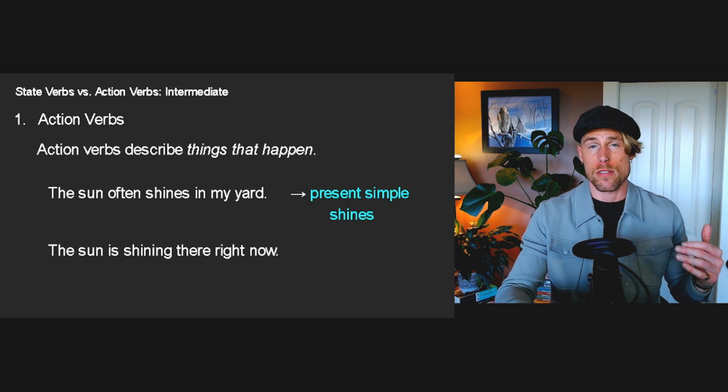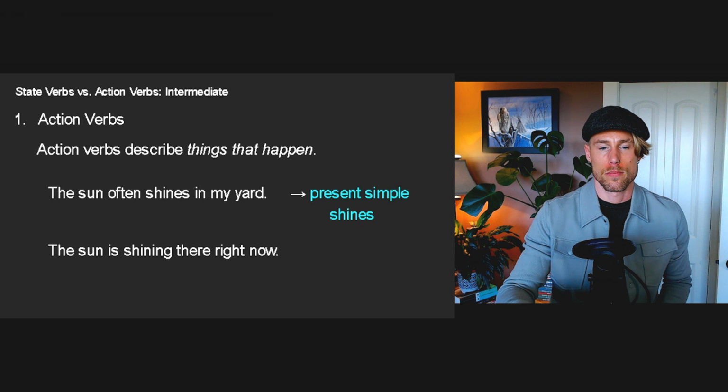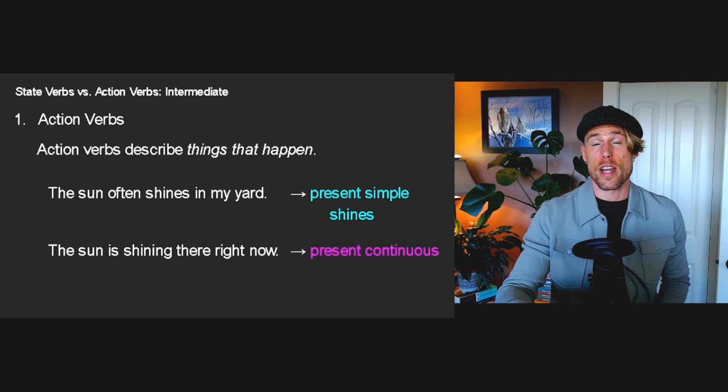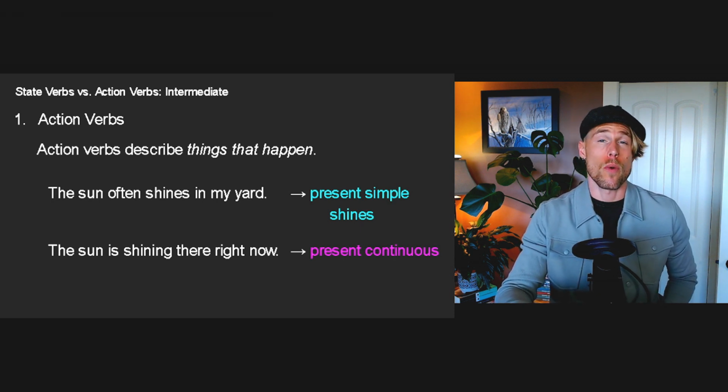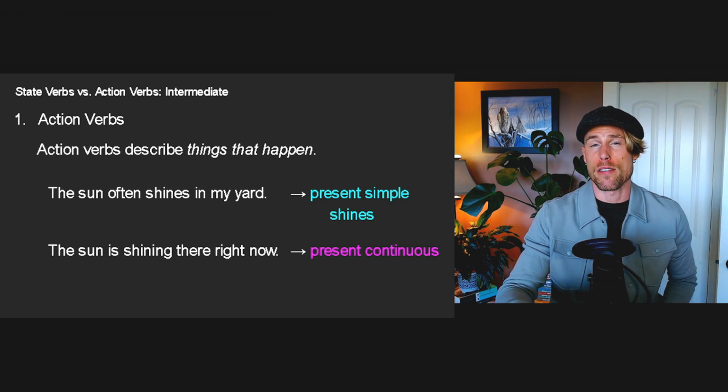It shines. The sun is shining there right now is present continuous. What is the verb? Well, it's the same verb, but the tense is different. Shines is present simple. Is shining is present continuous.